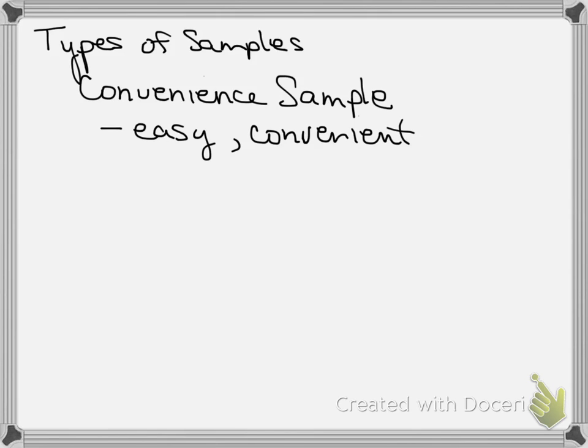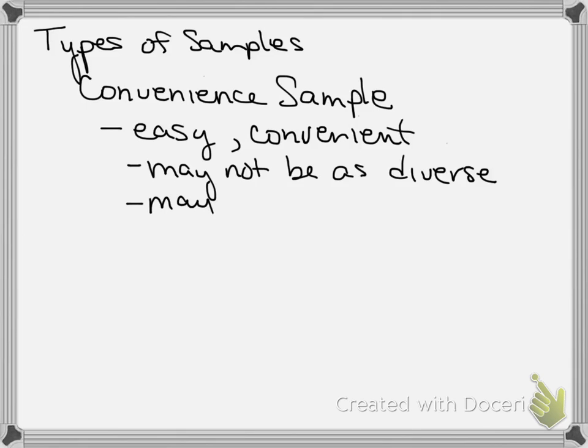It's convenient, but it may not give you a good representation of whatever you want to do. It may not be as diverse, and may not give you that good representation that you want.